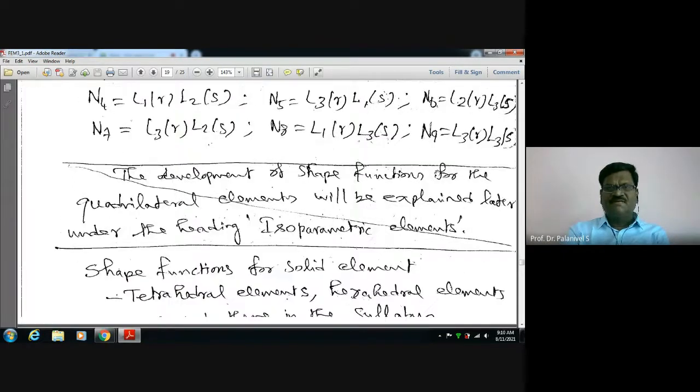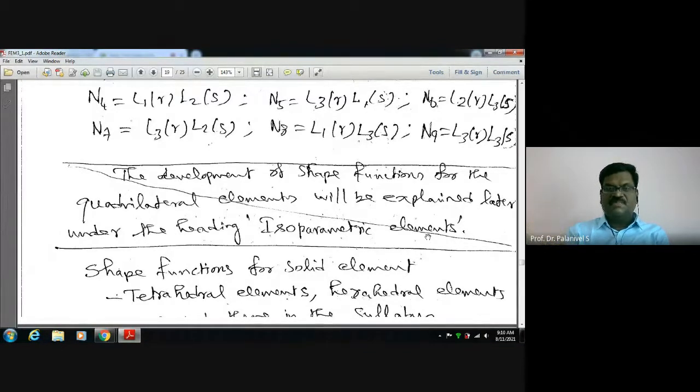The development of shape functions for the quadrilateral element will be explained later under the heading isoparametric elements. I am going to have a small discussion on what is an isoparametric element, what is a subparametric element, and what is a superparametric element.